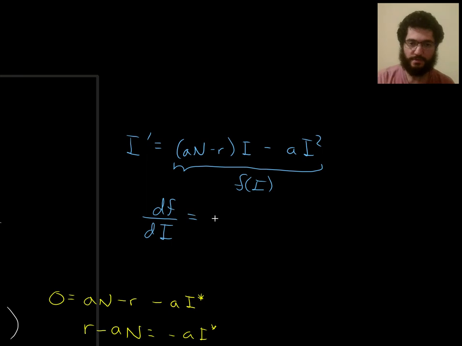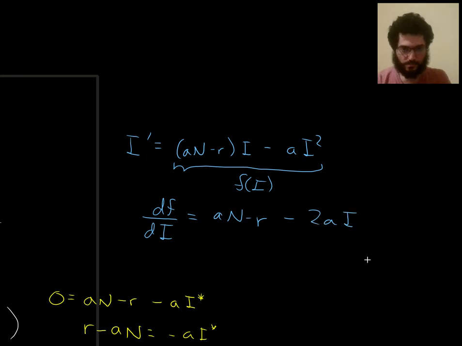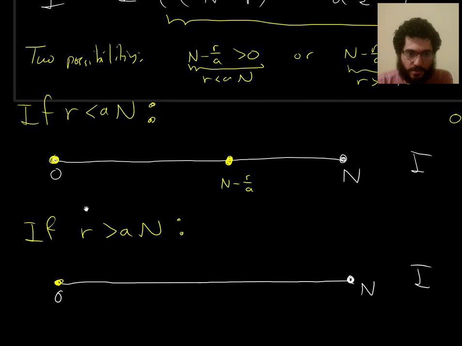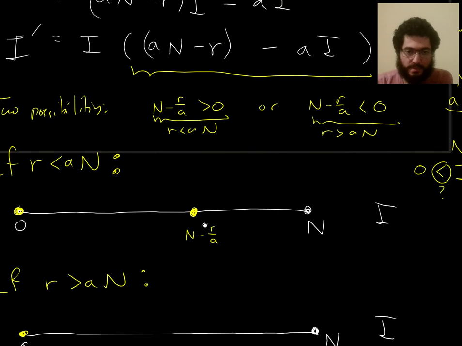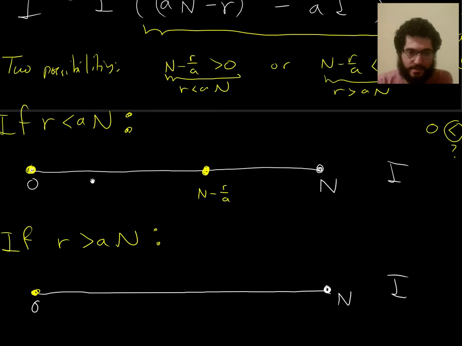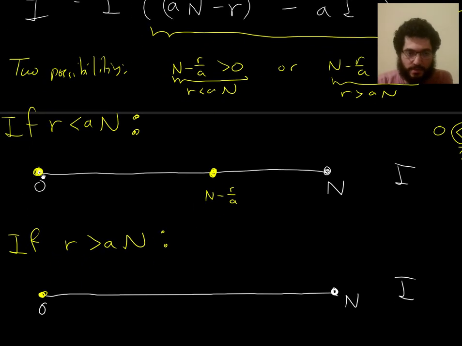So let's see, df di is an minus r minus 2ai, just taking the derivative of this expression. Now I want to evaluate at the two yellow dots. One of the yellow dots is at 0, no matter which case I'm in. And the other one is at whatever this location is, but it only makes sense to talk about it in the first case. So let's do the 0 dot first.